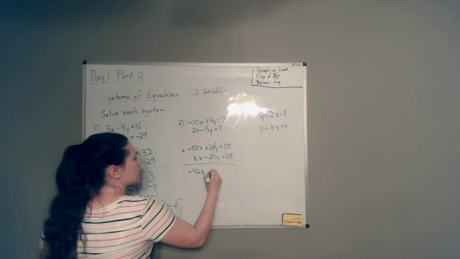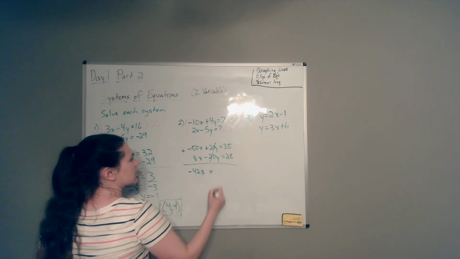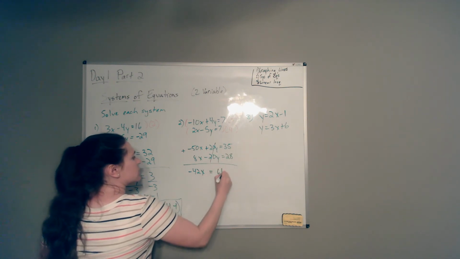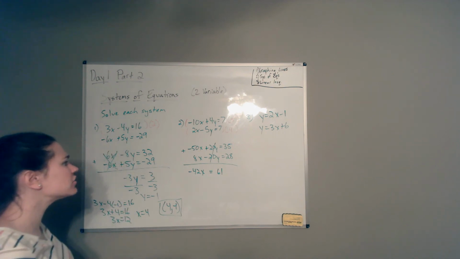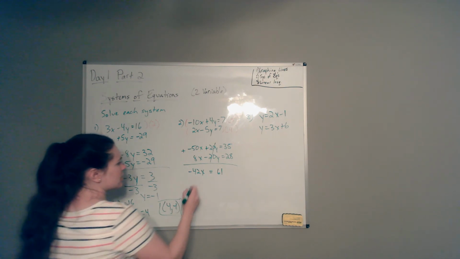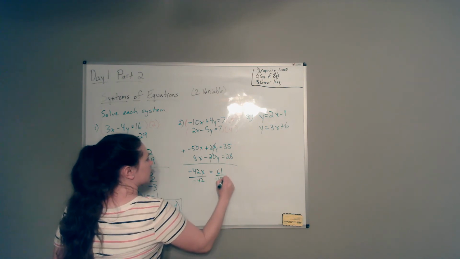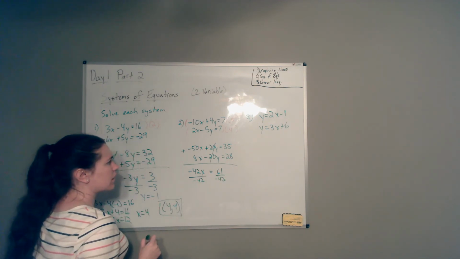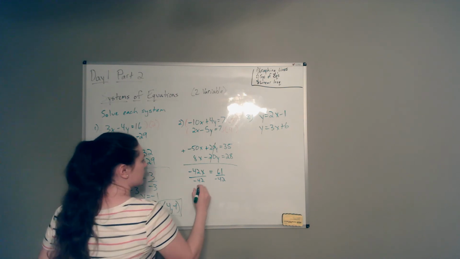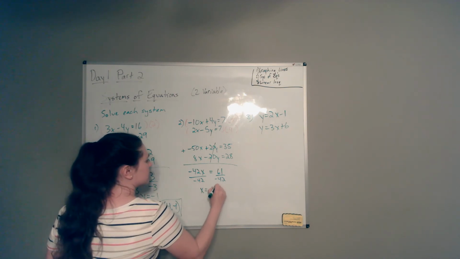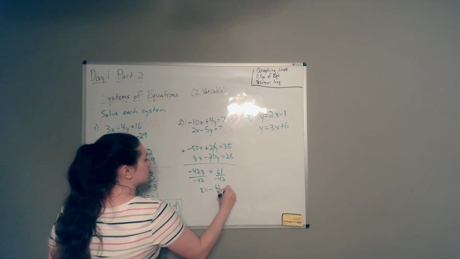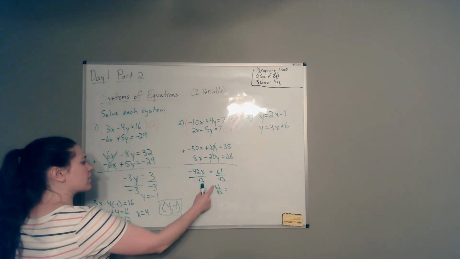These cancel, and 35 plus 28 gives us 61. And so now we simplify this, divide by negative 42, and we get x equals negative 61 over 42. Simplify that down.